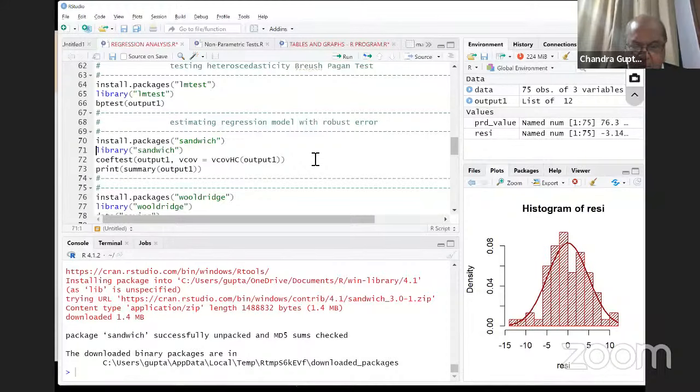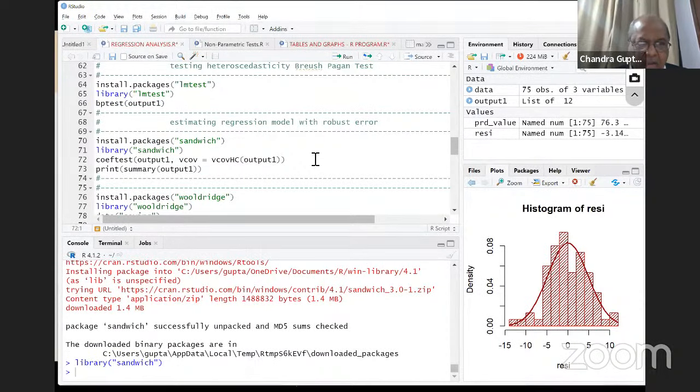Then library, then coeftest, and the output is a variance-covariance matrix. HC is heteroscedasticity consistent estimates. So V for variance-covariance matrix and HC for heteroscedasticity consistent estimates. So you estimate the coefficients.